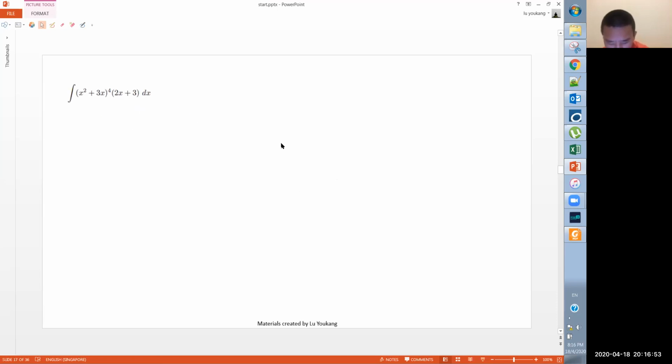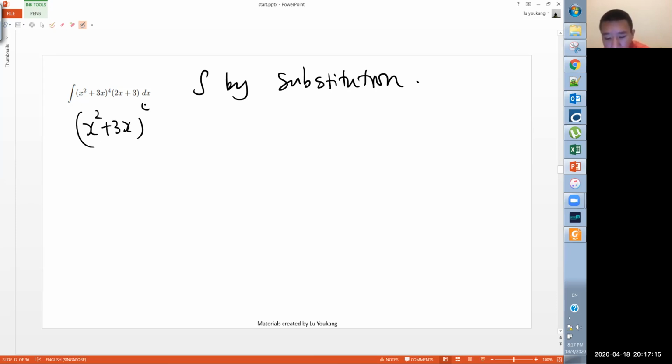So we are moving on to a new method called integration by substitution. To use this method, you need to be able to see that this term and this term are actually linked.